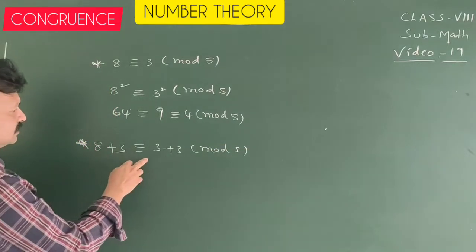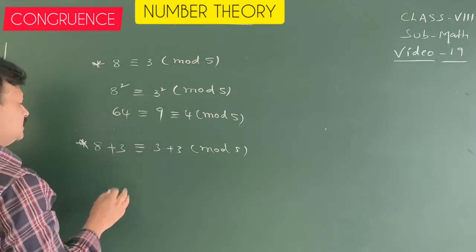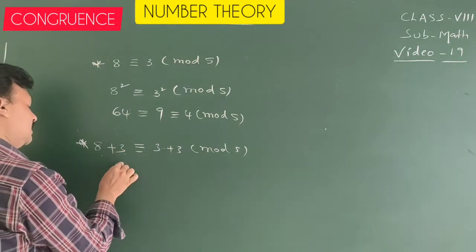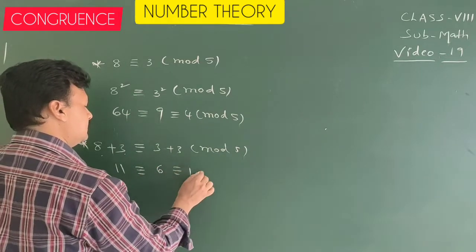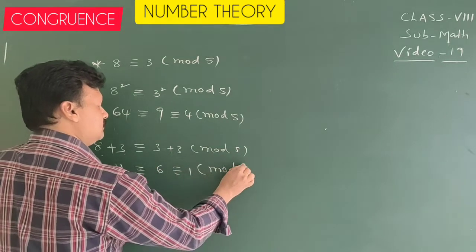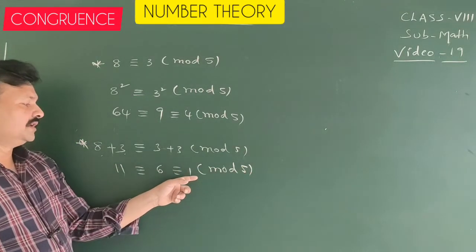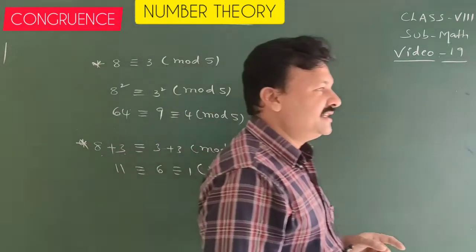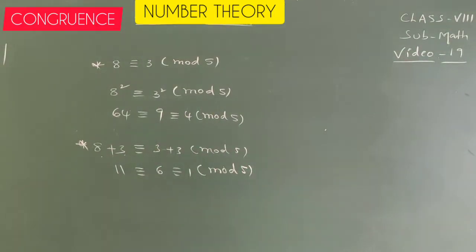When a is congruent to b mod m, a plus c is congruent to b plus c. Here 8 plus 3 is 11, here 6. 11 divided by 5, the remainder is 1. 6 divided by 5, the remainder is 1 only.